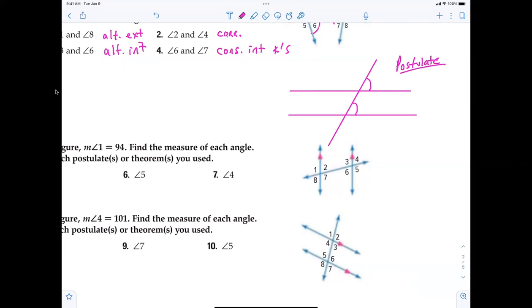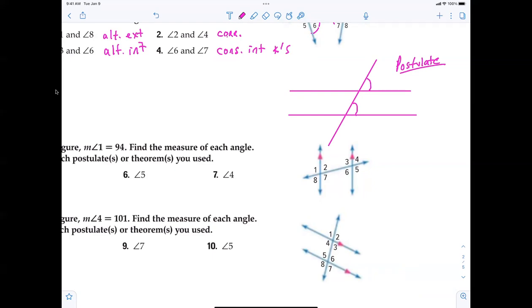Do I really care if you write down corresponding angle theorem by accident? I really don't. Because it just as well could have been the alternate interior angle postulate, because we will use this postulate to prove the others. So right now, you are going to write it as the corresponding angle postulate.